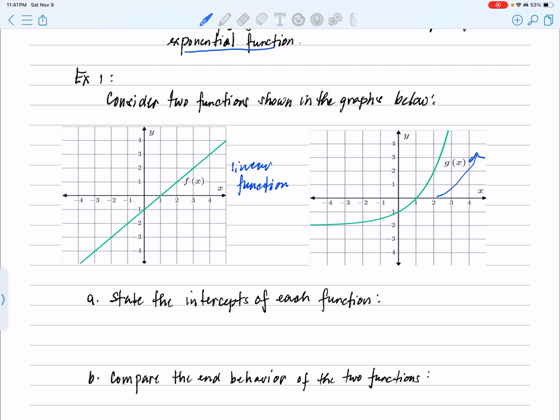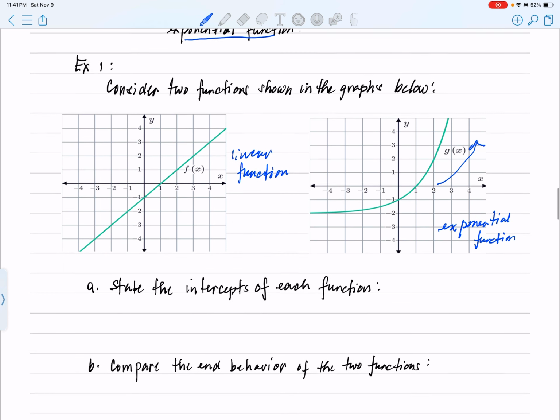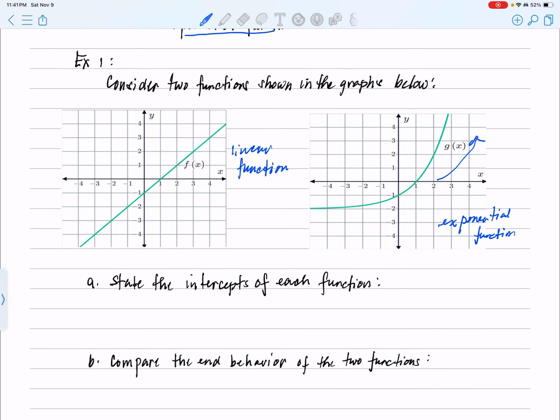So maybe we could describe this as an exponential function, because looking at the graph, exponential can be either growth or decay.